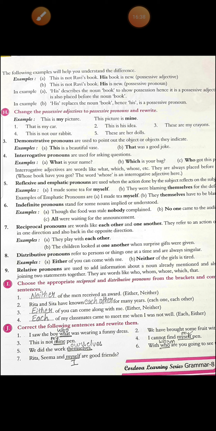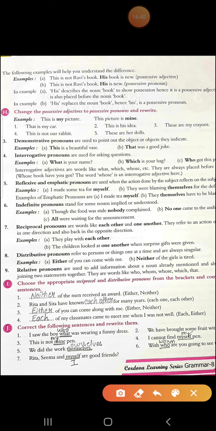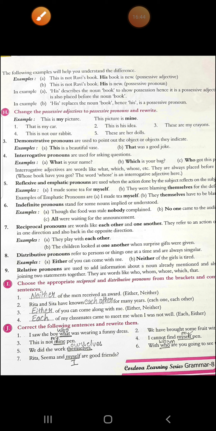See this example that is given here. This is my picture. Can you see my picture? Picture is a noun. Before that, my is used. But when I'm saying this picture is mine, it is just replacing it. The place is changed. And what word is used here? Mine. In place of my, mine is used here. I hope you can see this.